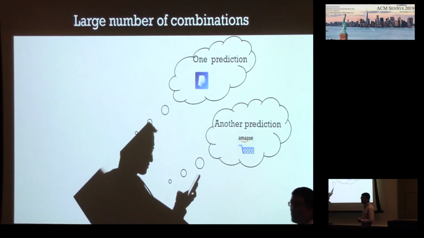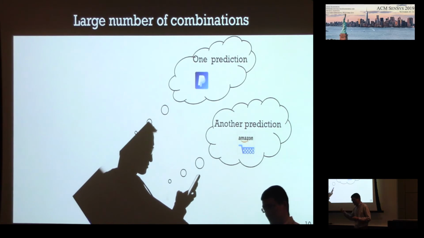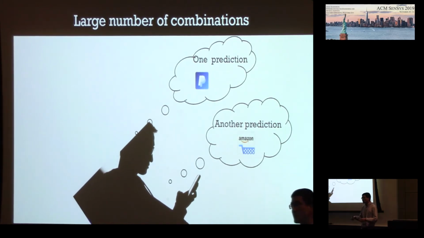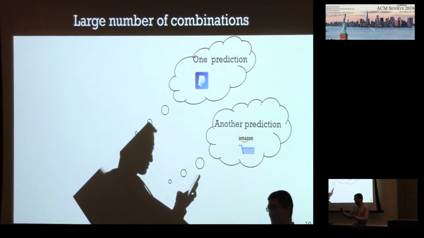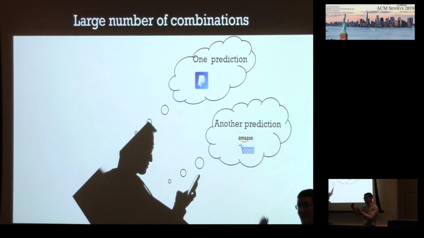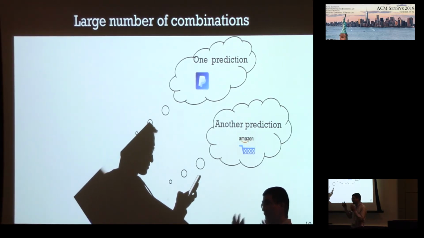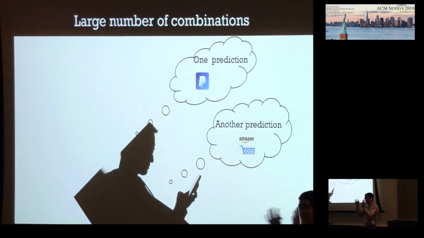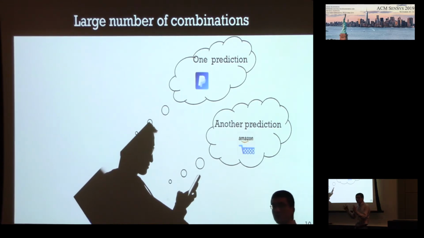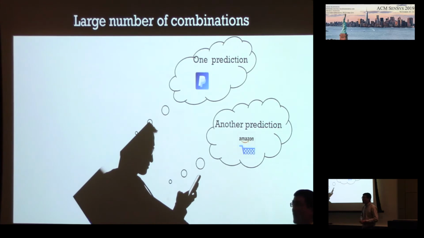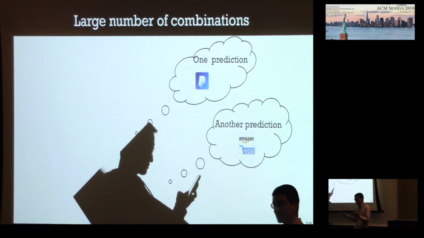In this work, we also found another important observation: when we want to do the application prediction, we want to predict what apps the user will use in the next time slot, like in 5 minutes. In these 5 minutes, the user may use multiple apps, not just one app. So we want to predict a combination of apps. Why?